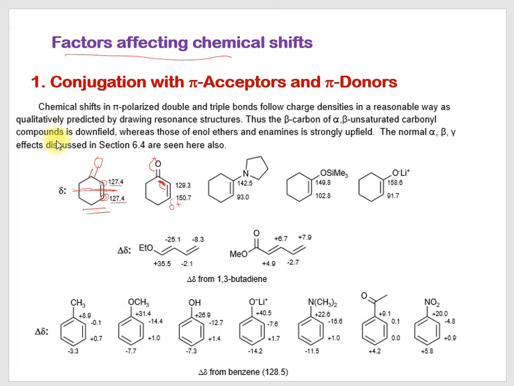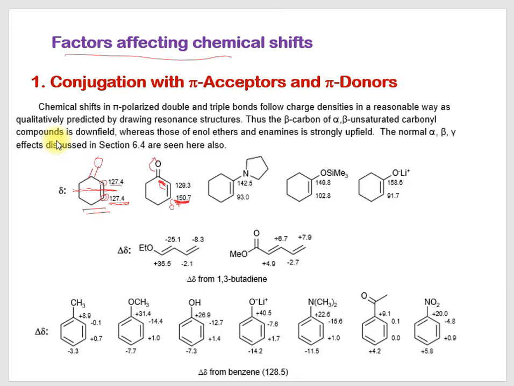This carbon, which is positively charged, has less electron density, or we can say it has been deshielded, so it will resonate at a much higher chemical shift value, from 127.4 to 150.7.